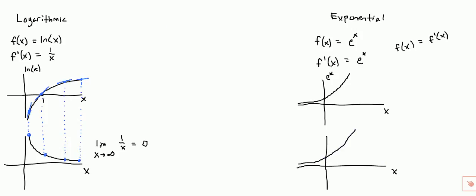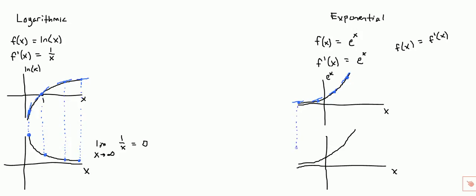So let's draw in some slopes. Here, the slope is pretty flat, right? Close to 0. And then as x gets larger, the slopes increase. And they increase without bound. They'll never stop at some asymptote. They get more and more vertical.